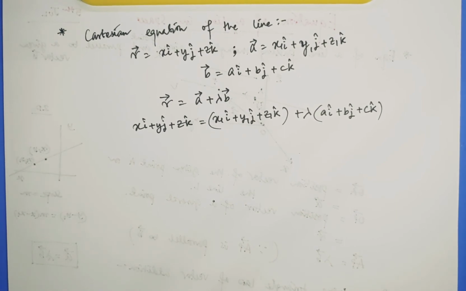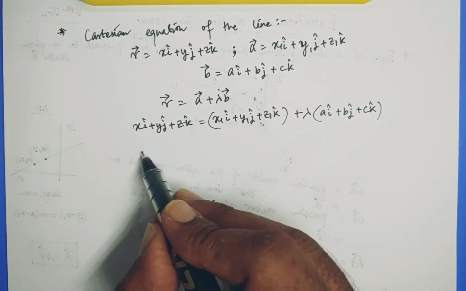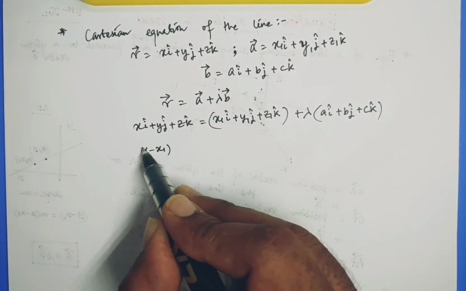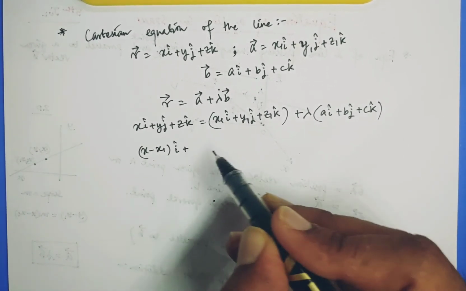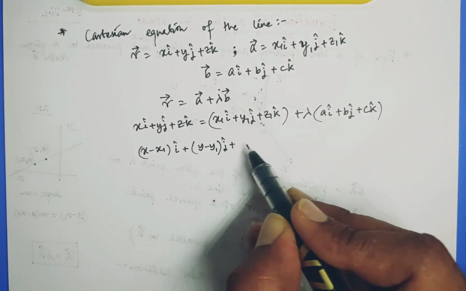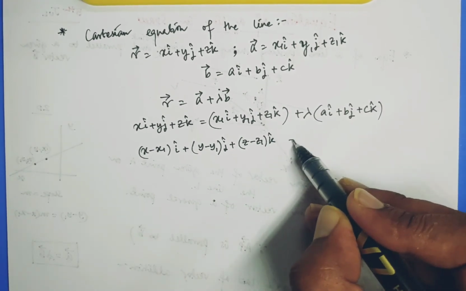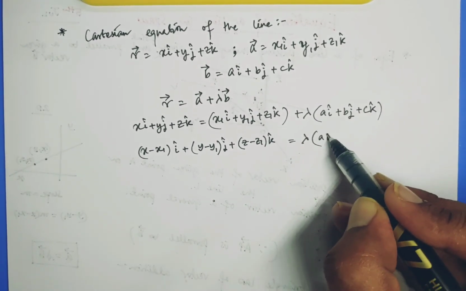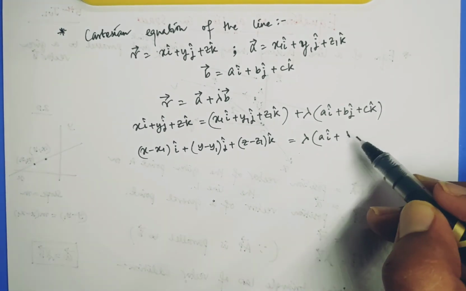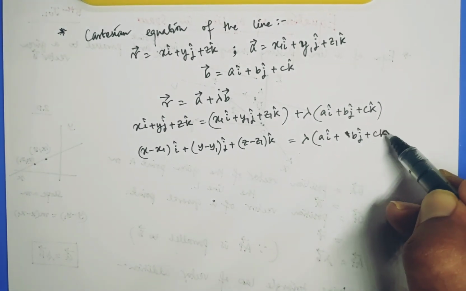Now let's do one thing. Let's take this one this side. So what I get if I take this one this side? I get x minus x1 i cap plus y minus y1 j cap plus z minus z1 k cap is equal to lambda A i cap plus B j cap plus C k cap.